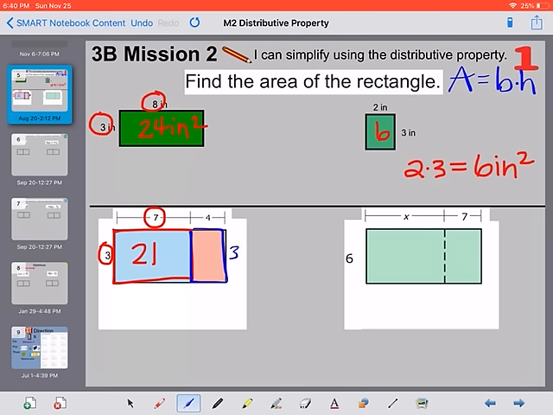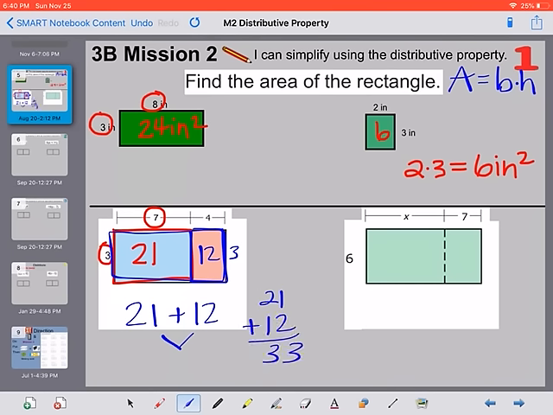So base times height, 4 times 3 is 12. So if I wanted all of this together, the area would be 21 plus 12 more, which gives us a total of 33. So the total area would be 33. They didn't tell us if it was inches or feet or meters or whatever, so it's just 33.